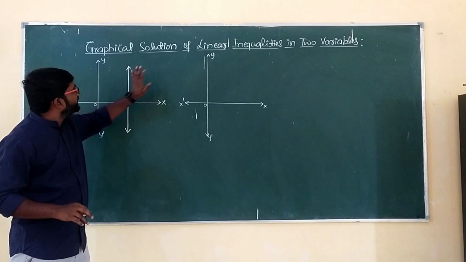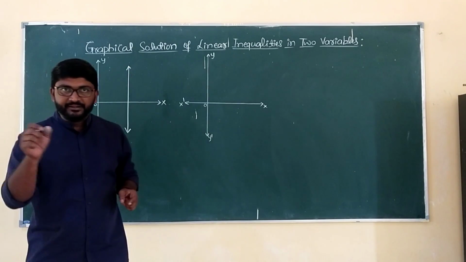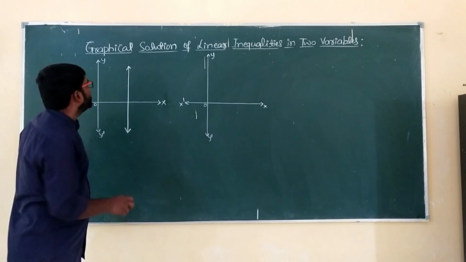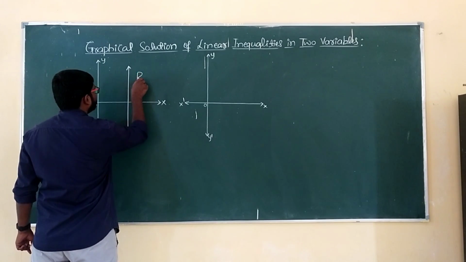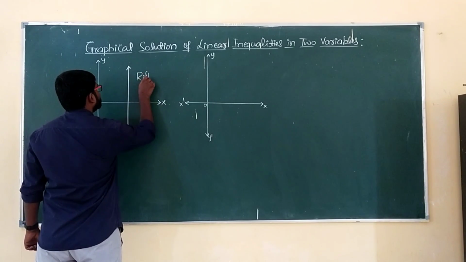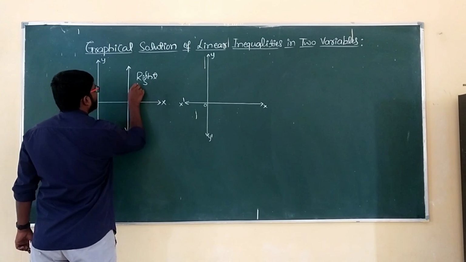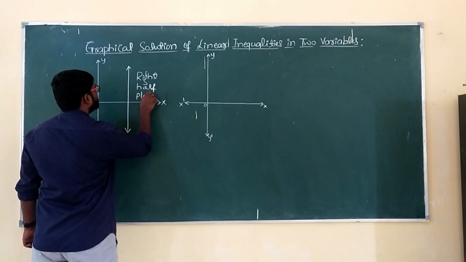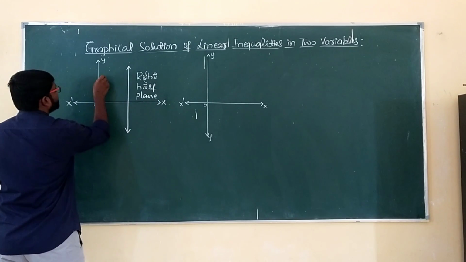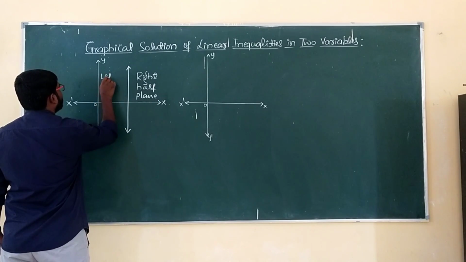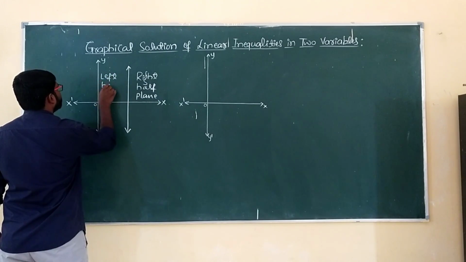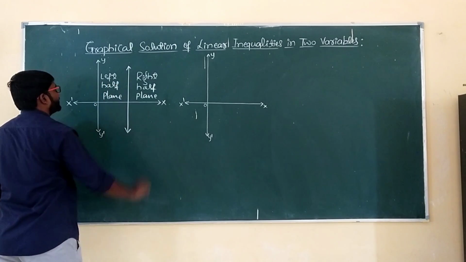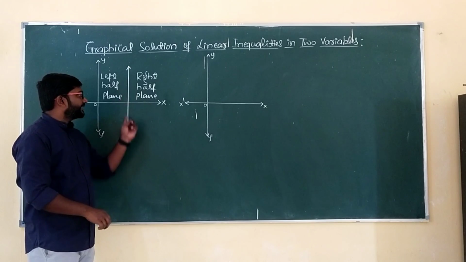So this part is known as the right half plane, whereas this part is known as the left half plane. So this is regarding the vertical line.